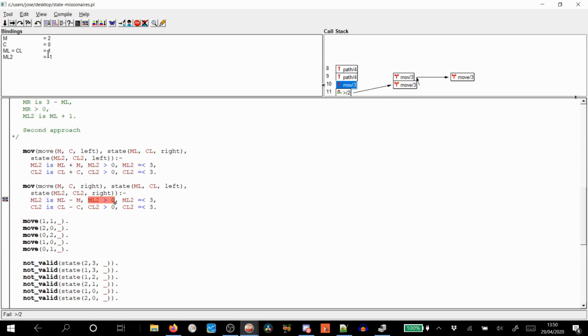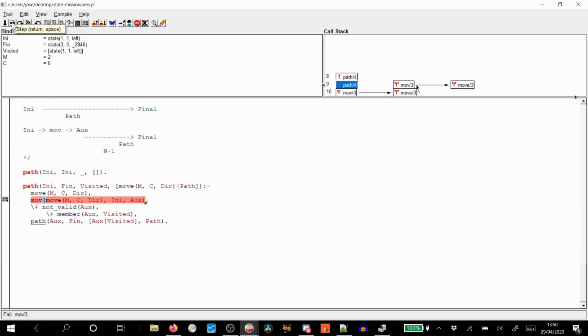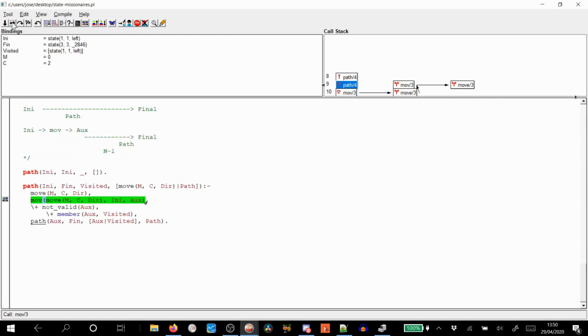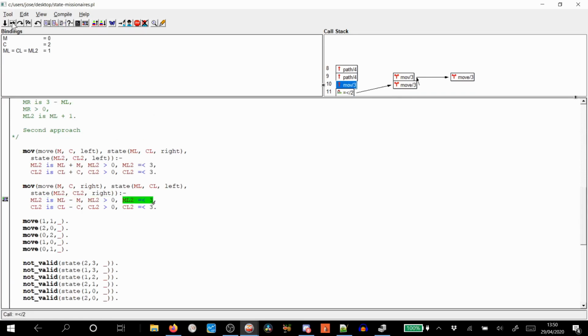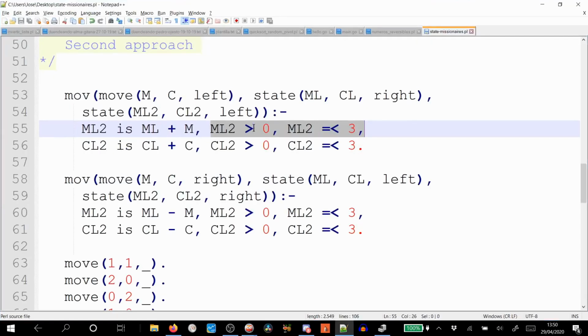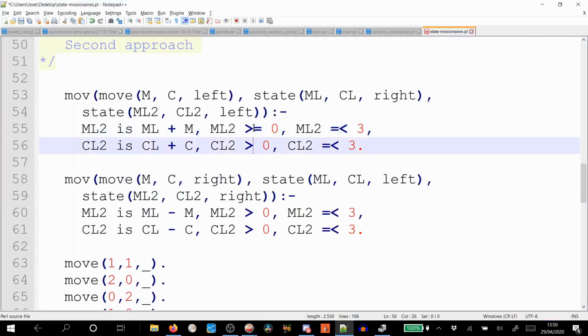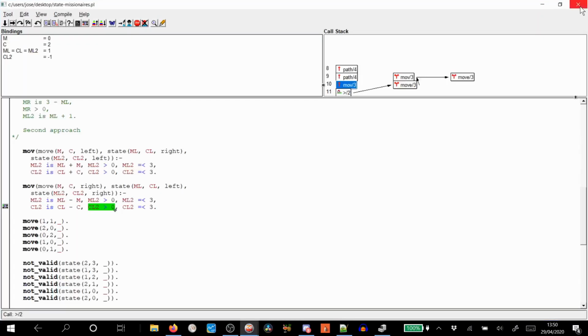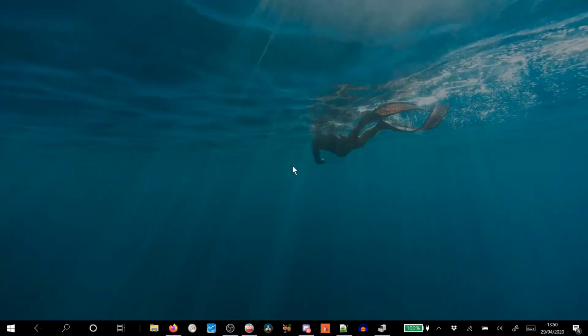You have a negative number here. Oh, sorry. Equal to 0. 0 is not a valid option too. Okay.